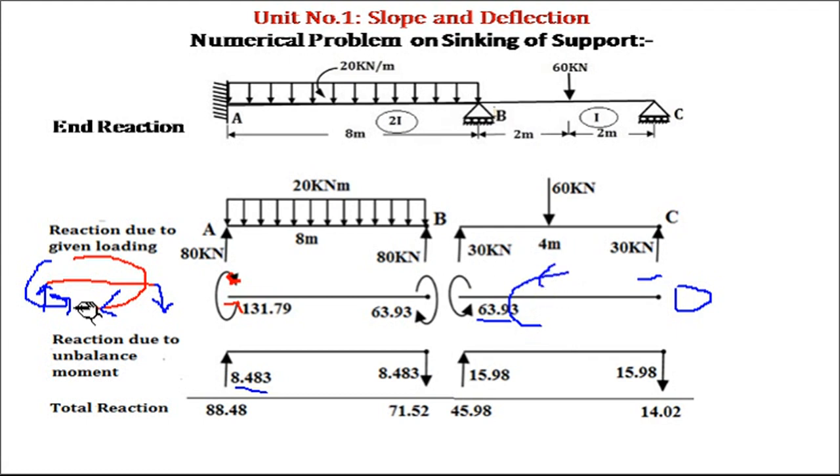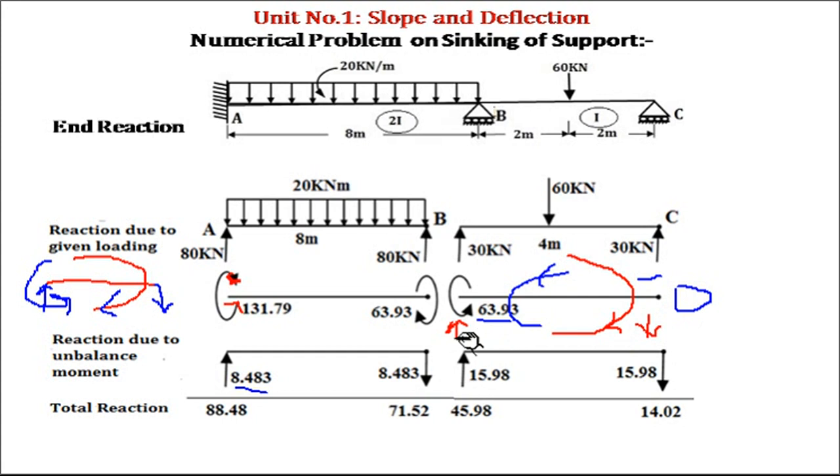To balance this, you have to apply the reaction so that it will rotate the structure in clockwise direction. So here the reaction should be downward and here the reaction should be upward. Okay, the unbalanced moment is here, so show the reaction here upward, and at the remaining end it should be acting downward.